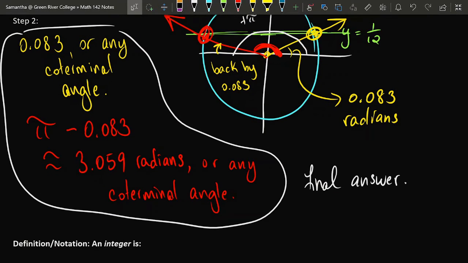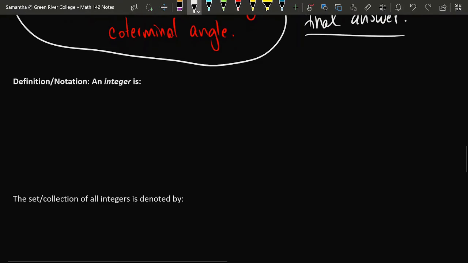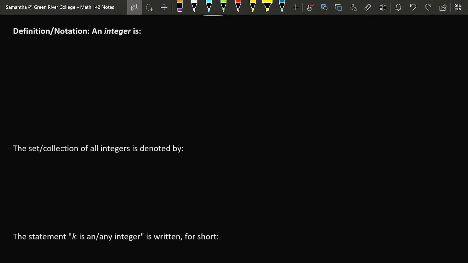So what we're going to do next is look at a slightly more compact way to express the information written here. And in order to do that, the first thing that I want to do is remind us of the definition of an integer. The word integer is referring to a special kind of number.